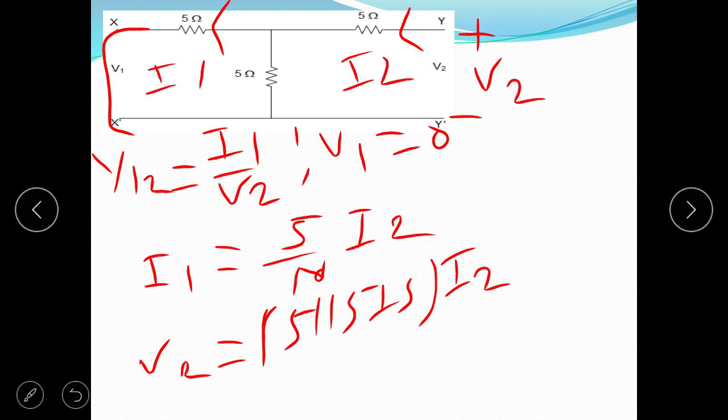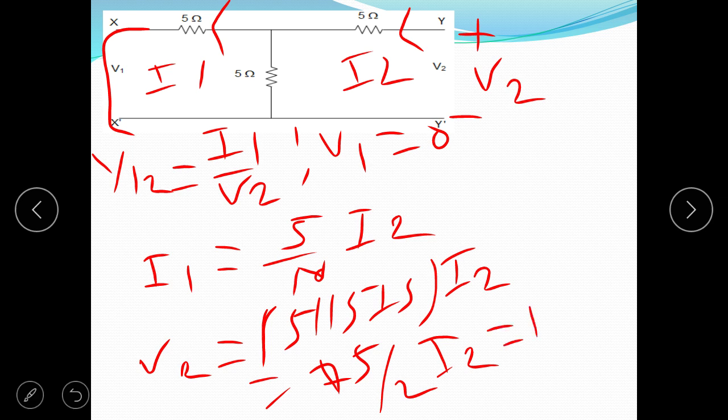Now we can find the value that is equal to 7.5 or 15 upon 2. We can also write 15 upon 2 into I2, and the value of I2 in terms of I1. I2 is equal to 2 of I1.